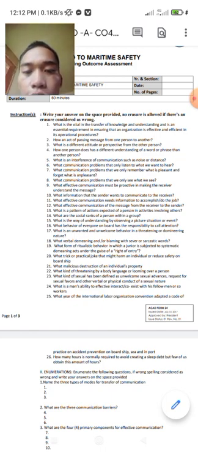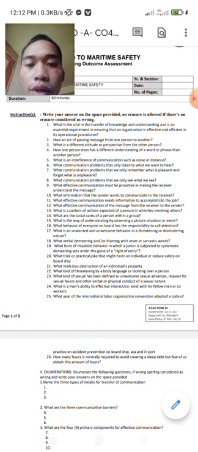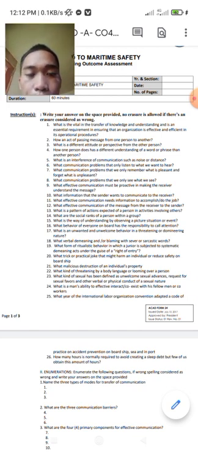So number 14, what are the social ranks of a person within a group? The social rank of a person within a group is their status. And number 15, what is the way of understanding by observing a picture, situation, or event?